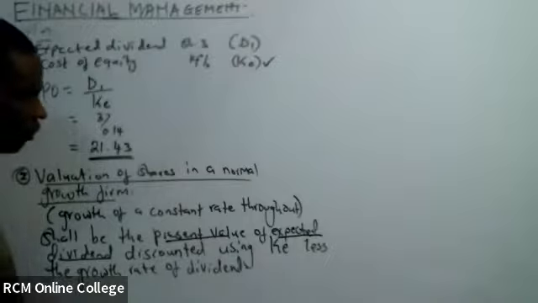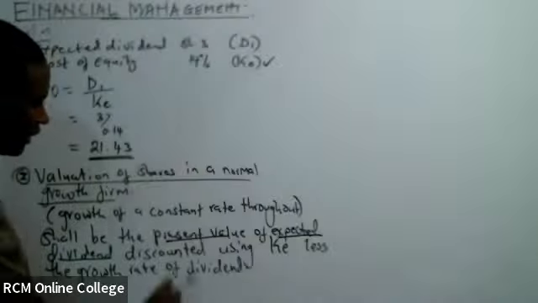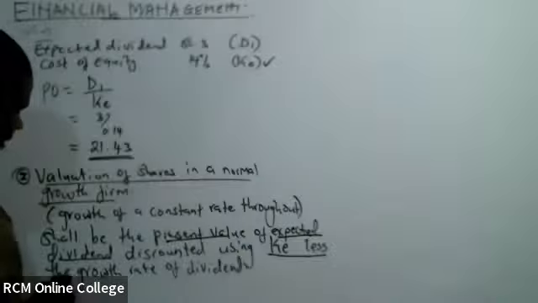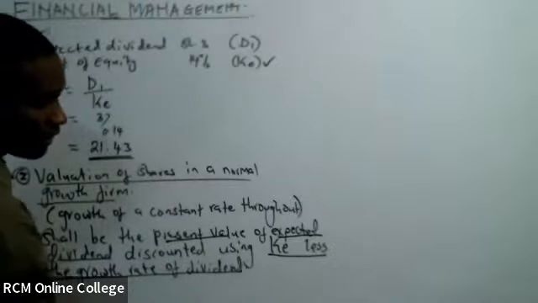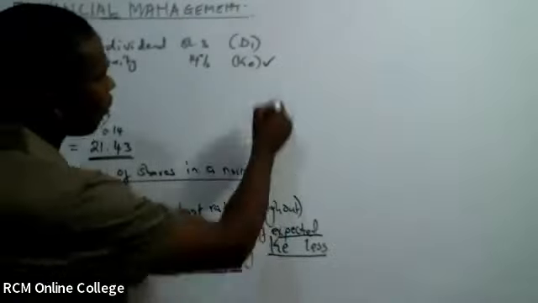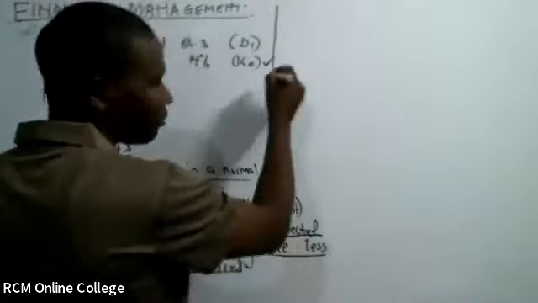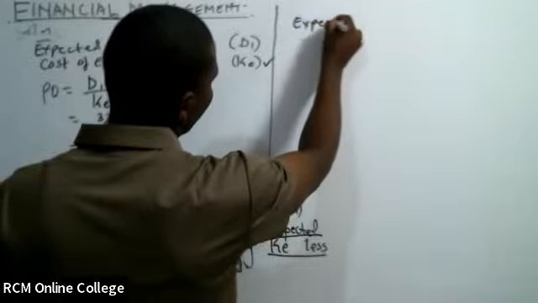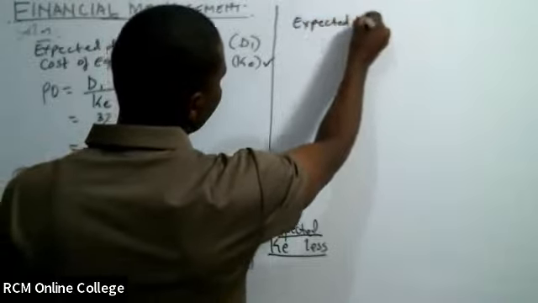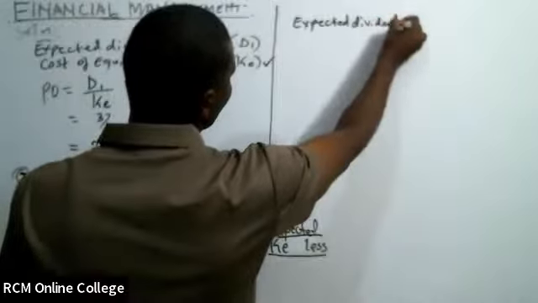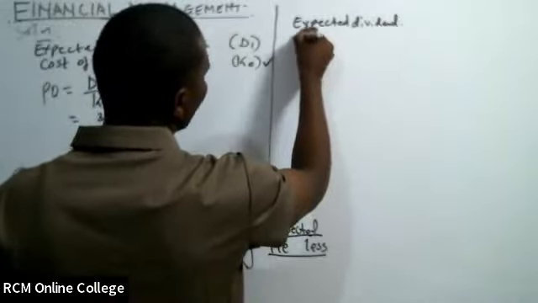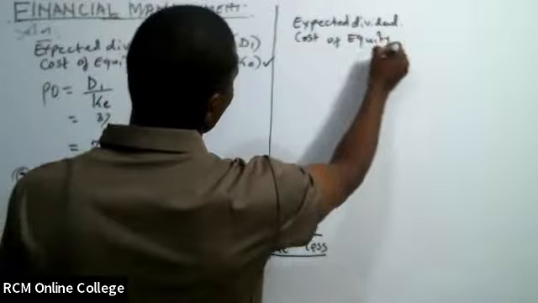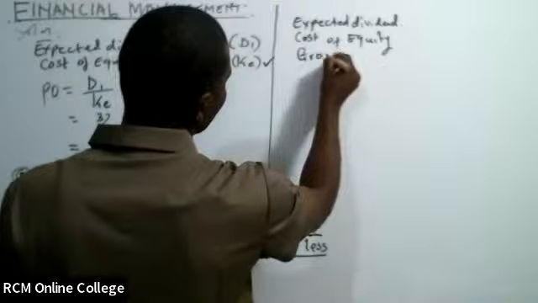The present value of expected dividend discounted using the KE less the growth rate of dividend. So at this point, we shall be having the expected dividend, the KE or the cost of equity, and the growth.